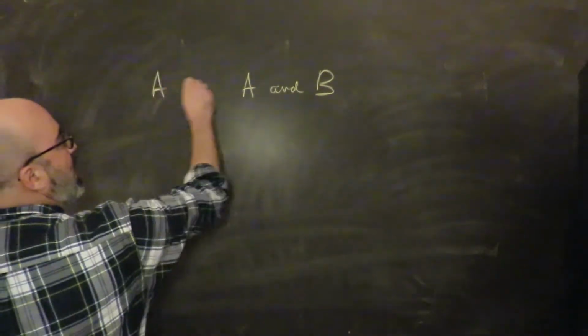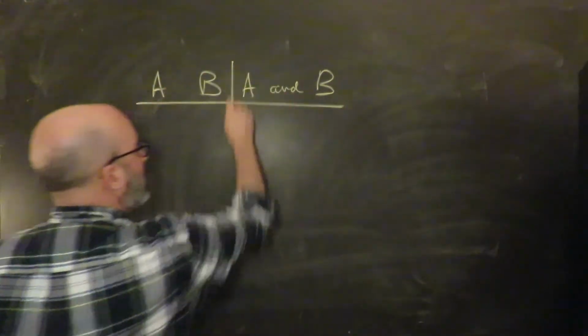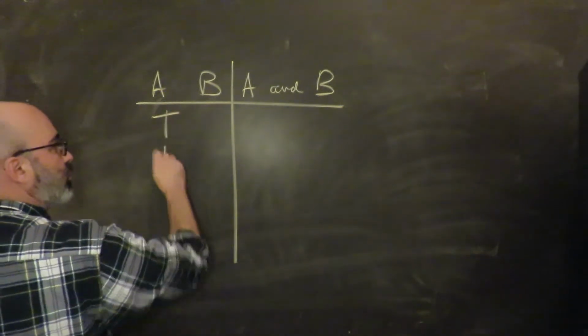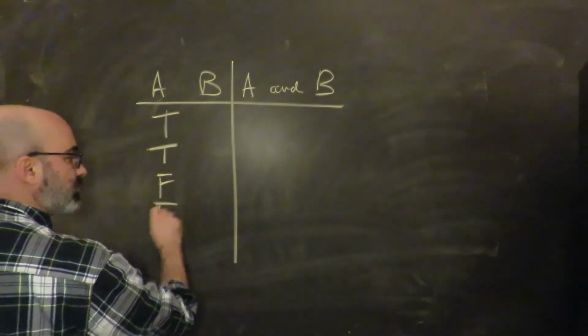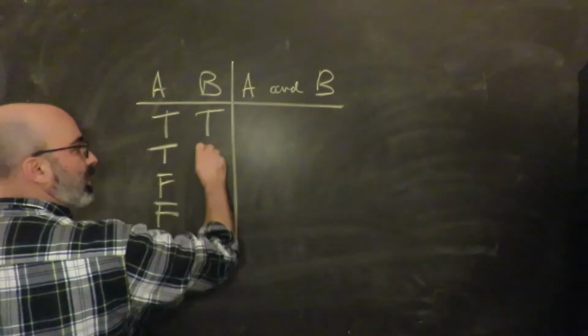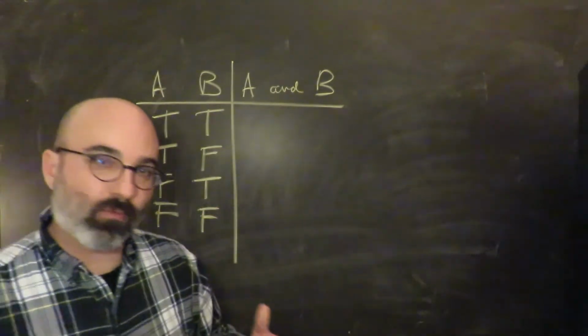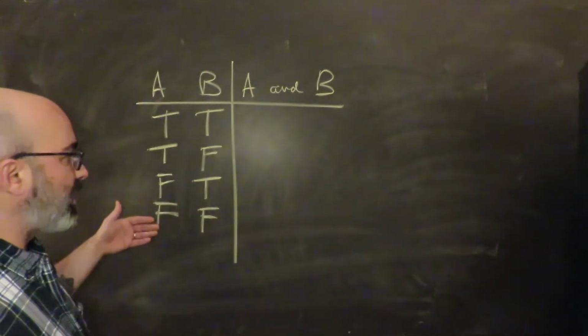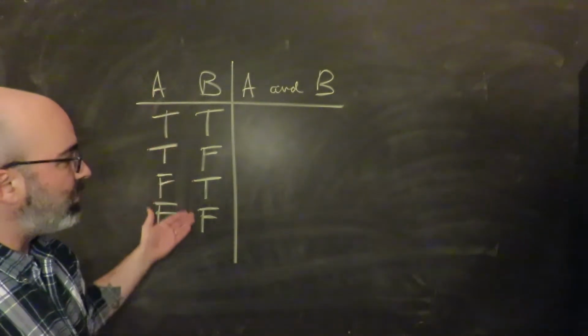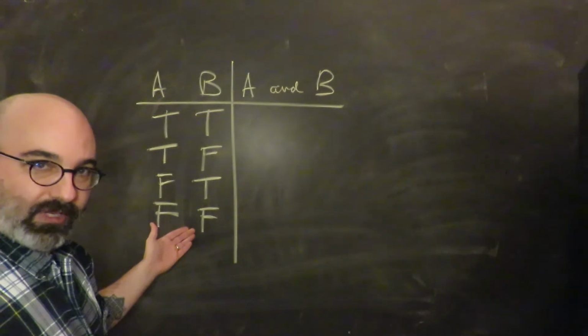So A and B here could be, A could be true, or it could be false. B could be true, or it could be false. And what we do with the truth table is we represent all those possible combinations. The first line alternates T's and F's.